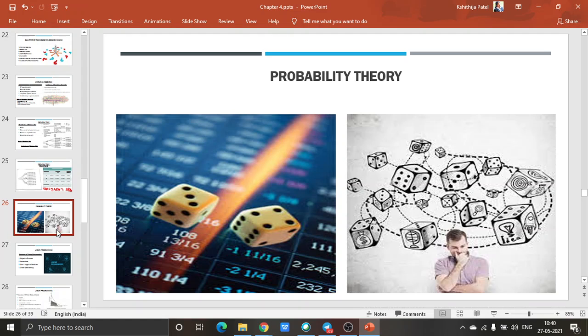Now, if we observe the business environment or the dynamics of the business situation, one thing we can observe is that the results or the course of future events can never be predicted with 100% certainty.